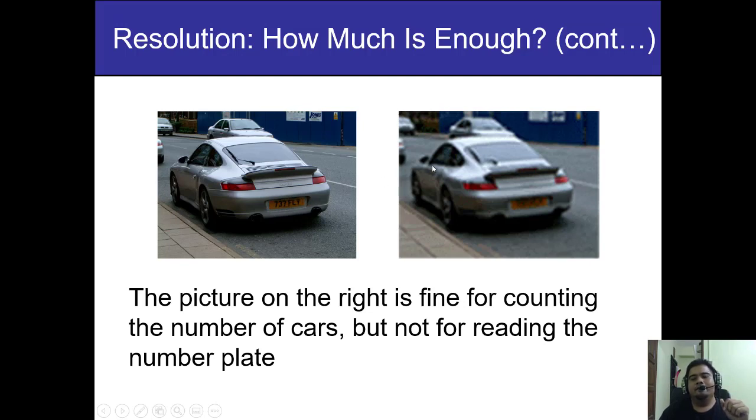But let's say the system is not to recognize the plate number, but you just want the system to be able to recognize or classify the type of vehicle that crosses this road, for example. For that, it's preferred to use this one, because even though it has less spatial resolution, the shape of the car is still very obvious.